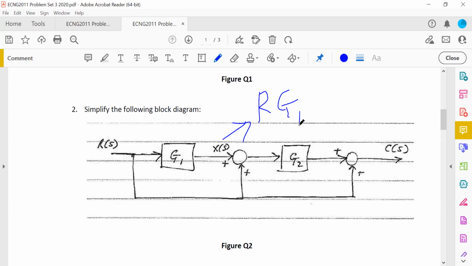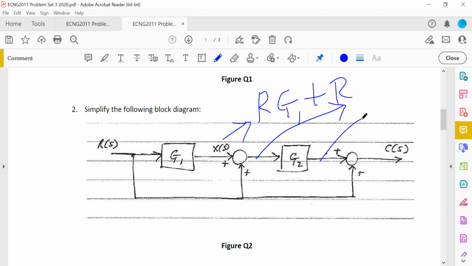And what is coming out of here will be X plus R. I'll just call it R. So in other words, coming out of here is this plus R, and that is going into G2.